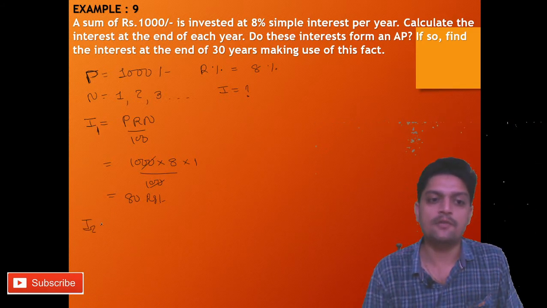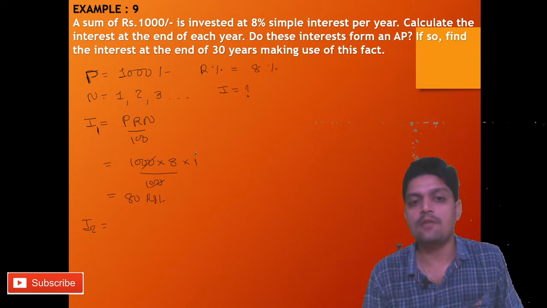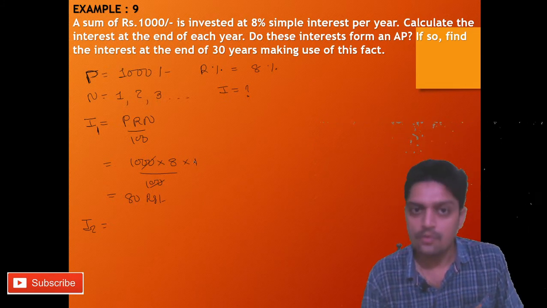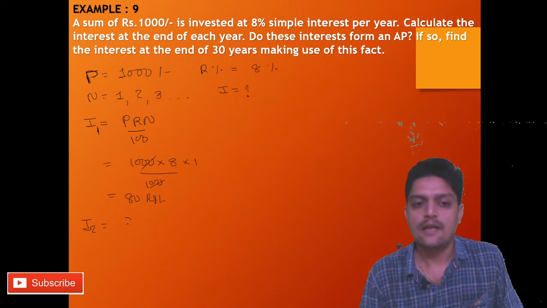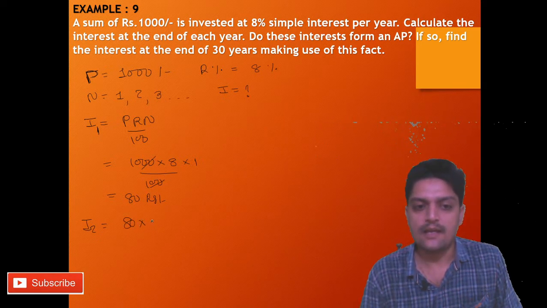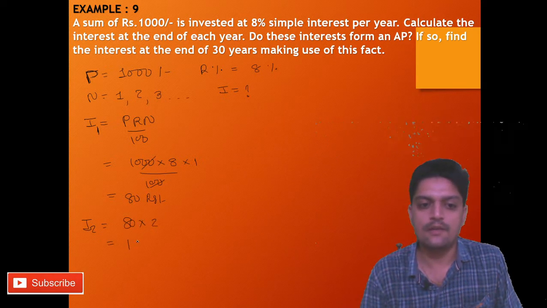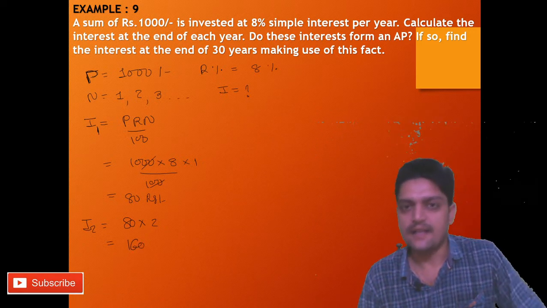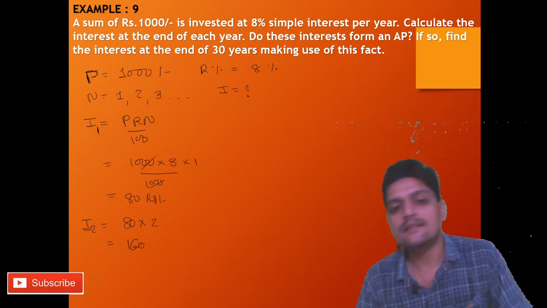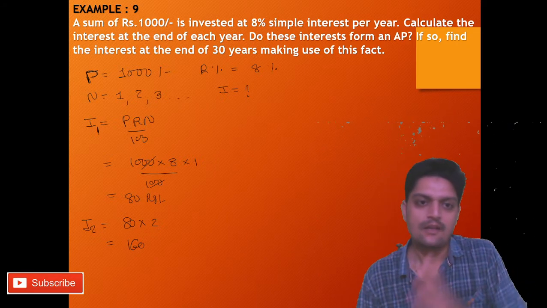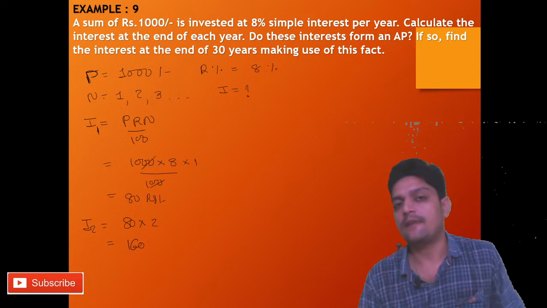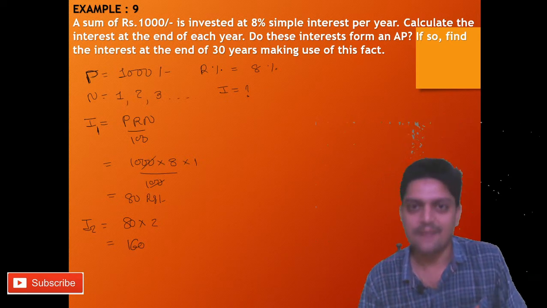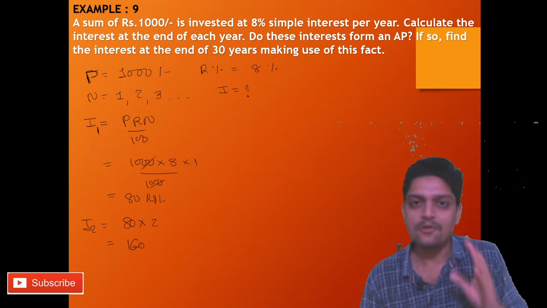Now I2, so here instead of 1, 2 will come. Directly let me multiply 80 into 2, so what will come? 160. See, in the textbook, if you check, they have calculated the same thing again, and for the third year they have calculated the same thing a third time. But you have to use your logic.